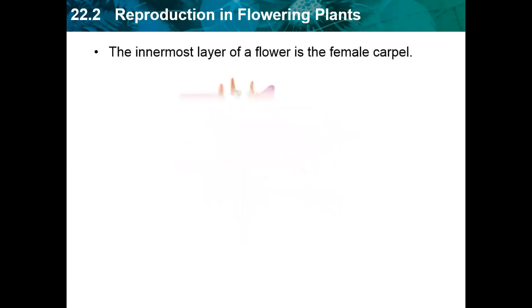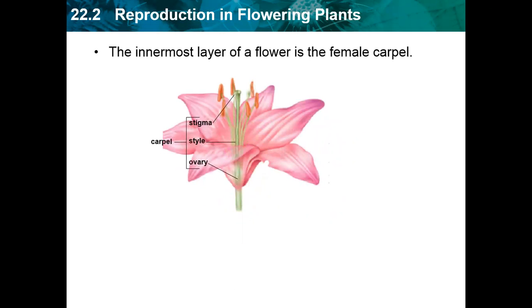And the next one says, the innermost layer of the flower is the female carpel. The carpel, which is the innermost part, consists of the stigma. This is the stigma. The stigma is a very sticky part of the flower, and the style is a path from the stigma to the ovary. The ovary is the part of the flower that has the ovule and all the female parts in it.